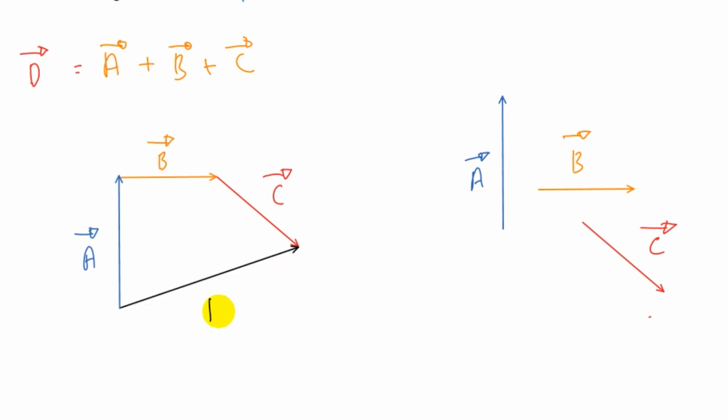This represents vector A plus vector B plus vector C. This is the way we add vectors graphically.